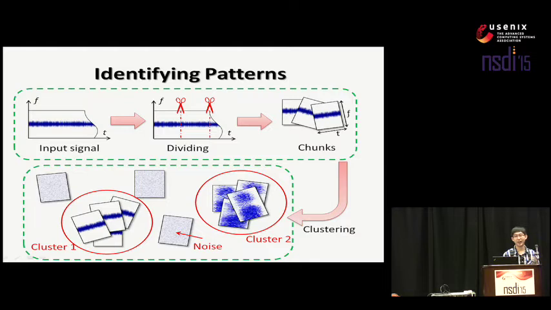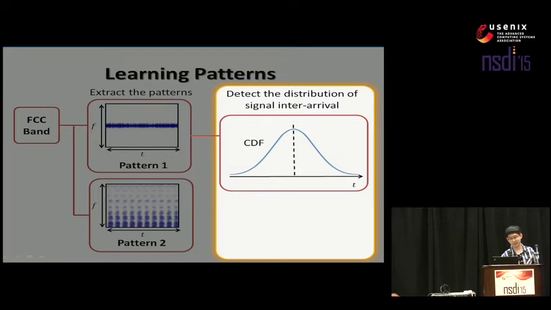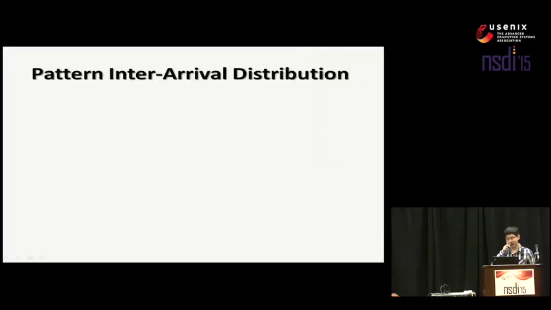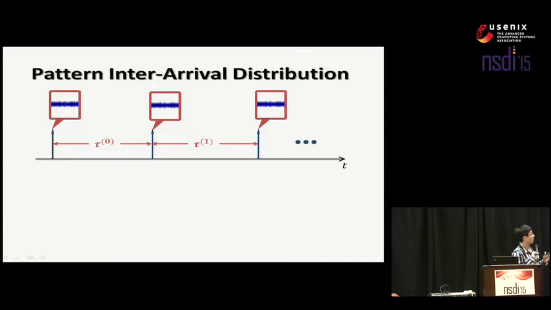So with this, we can identify the patterns, and after we extract them, we can go on for each pattern and detect the distribution of it. Specifically, we detect the inter-arrival distribution by keeping a log of when the pattern appears. And we figure out what the inter-arrival interval is, and we draw the distribution.